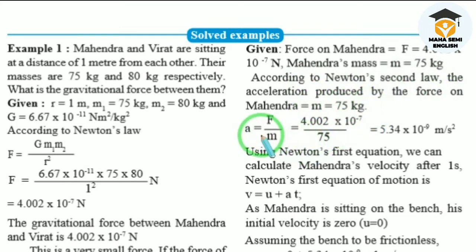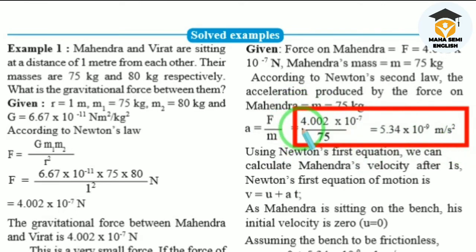So we know that acceleration a is equal to F upon M, where F is force and M is mass. So by putting the values, force 4.002 into 10 raised to minus 7, and Mahendra's mass 75 kilogram, by solving this we get 5.34 into 10 raised to minus 9 meter per second square.